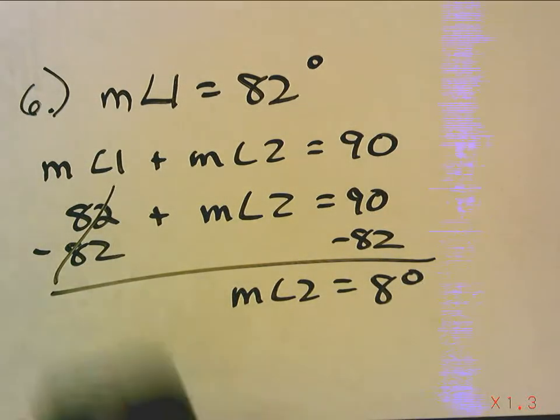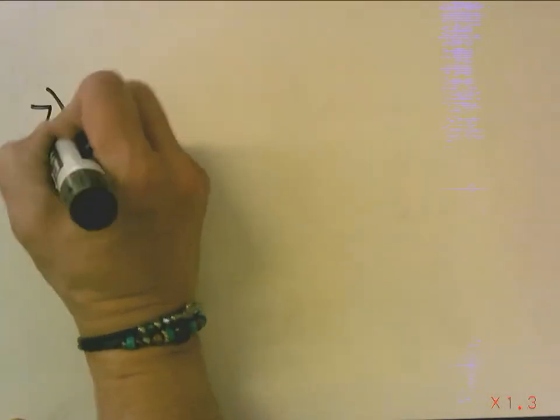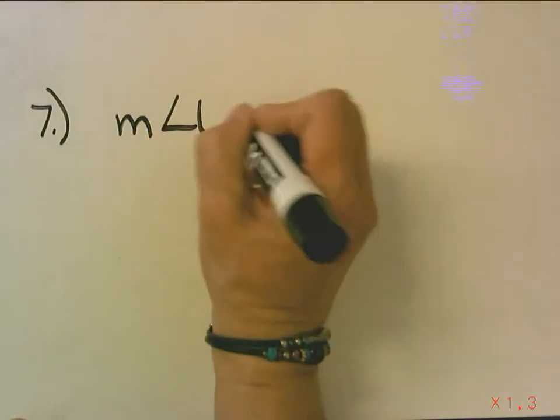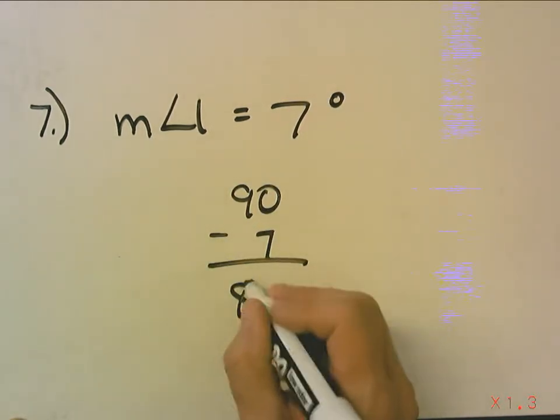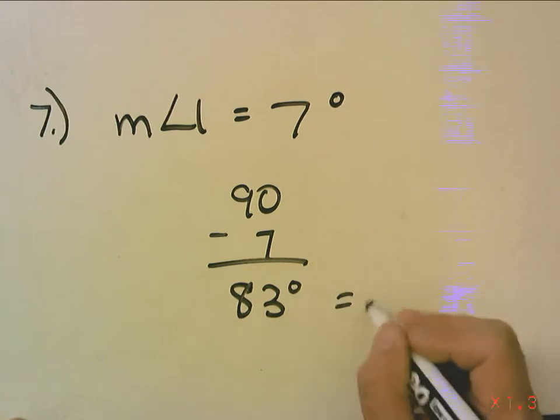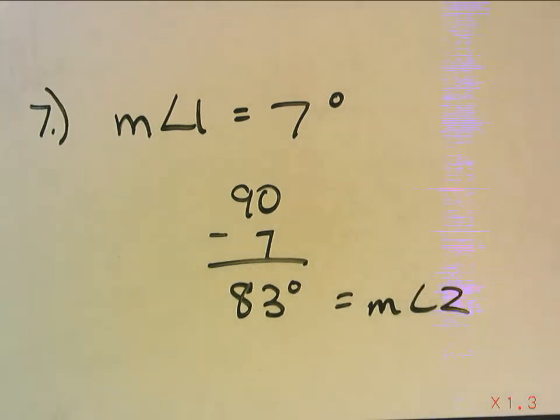Now, for number 7, I will do the shortcut way. The measure of angle 1 equals 7. I know 90 minus 7 will give me the measure of angle 2: 83 degrees.